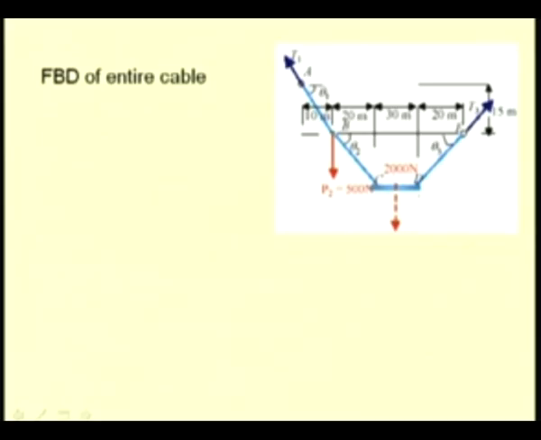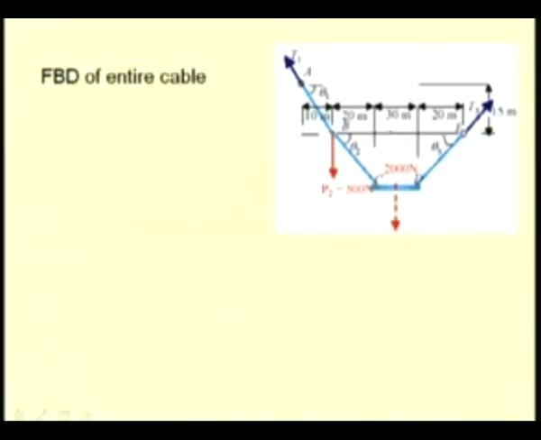Now, from the free body diagram, for the equilibrium of the cable to exist, the sum of the forces has to be 0 and sum of the moments has to be 0, and let us write the corresponding equations. Let us write the force summation along the horizontal direction and equate it to 0. So, we have the horizontal component of this force T1 acting in the negative direction.